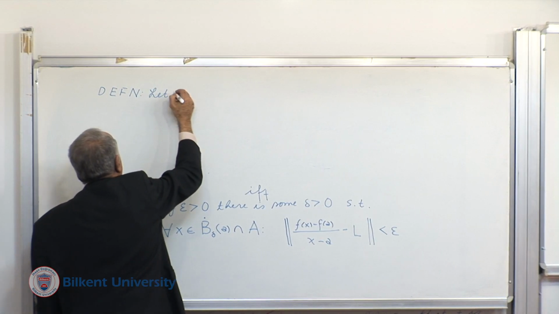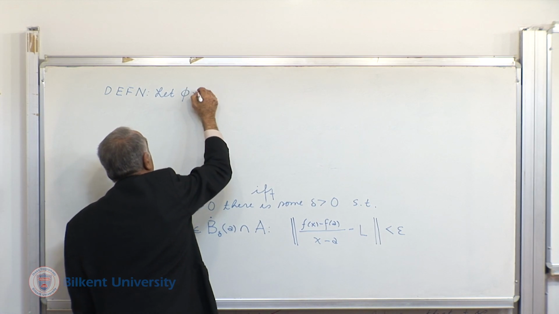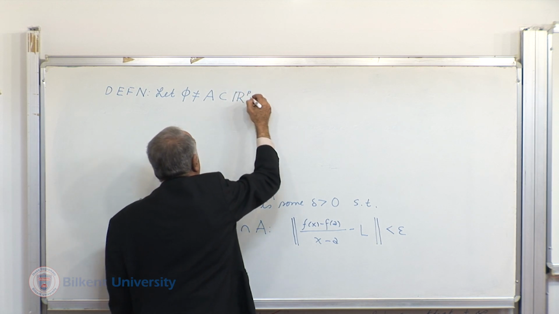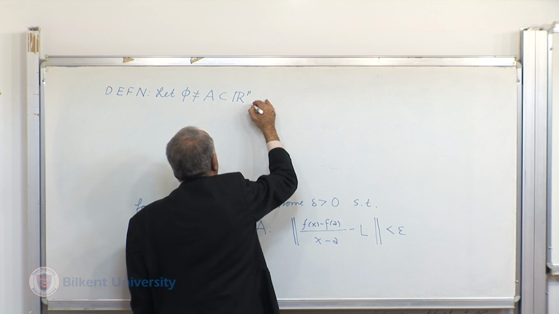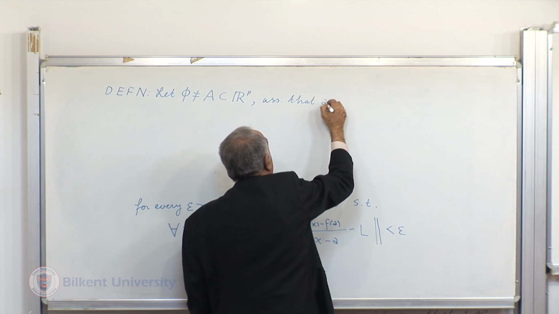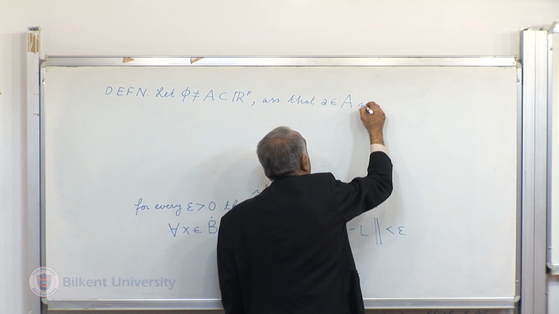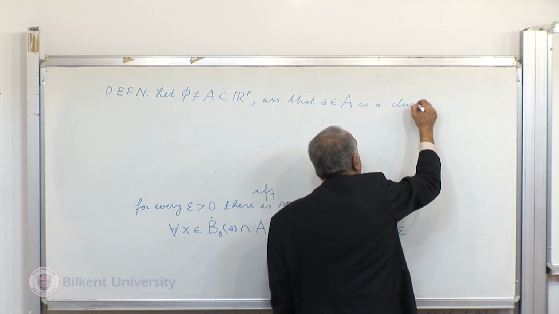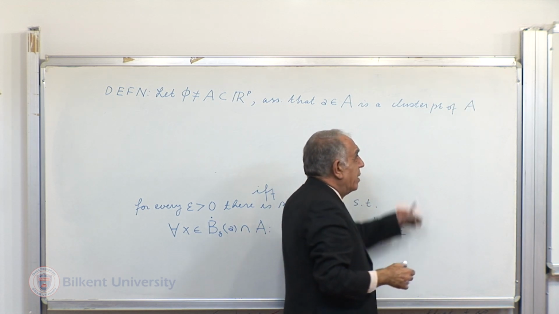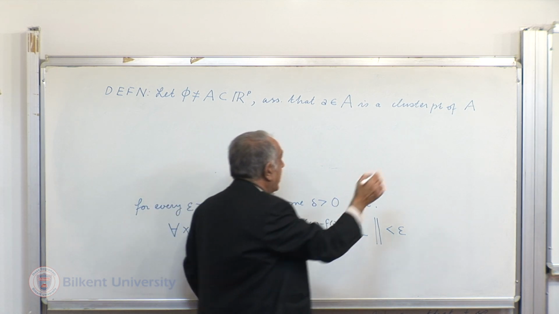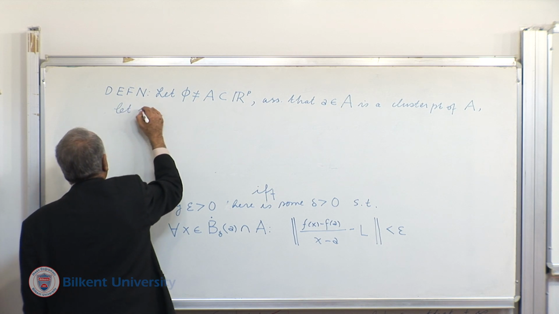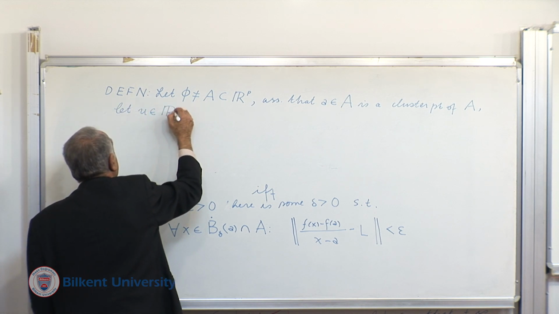Now let capital A be a non-empty subset of Rp. Assume that small a in capital A is a cluster point of A. Let U be a vector in Rp.